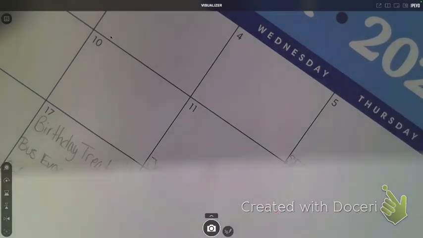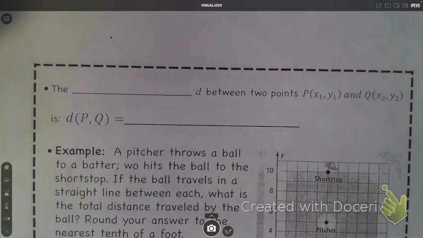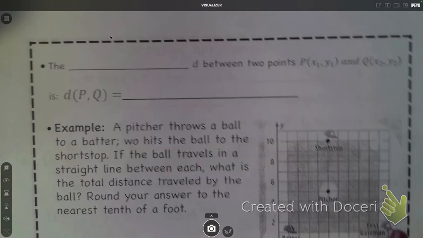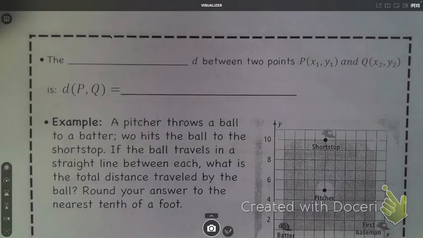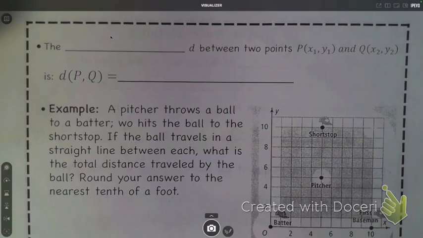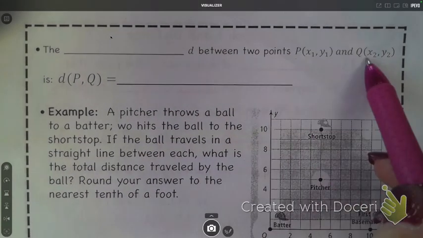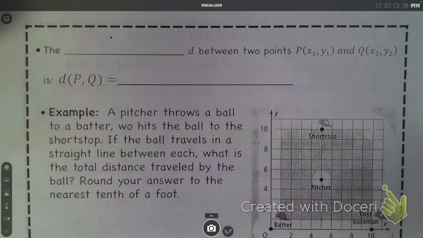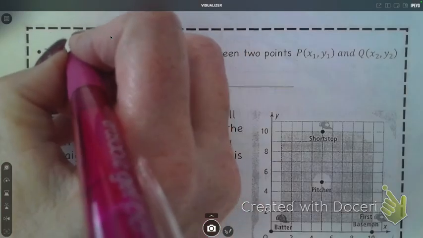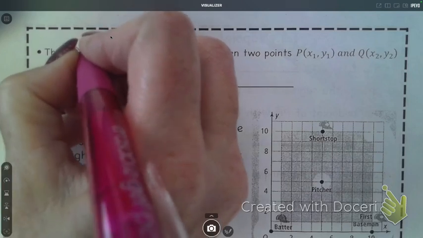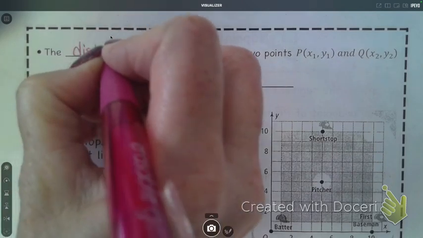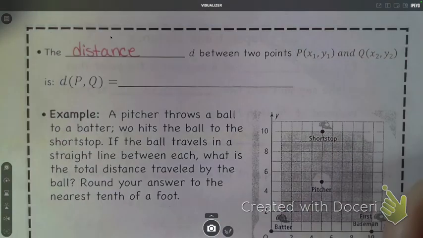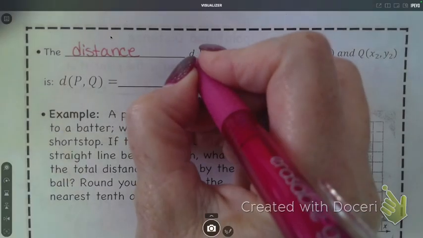Turn it over. Okay. It says the blank distance between 2 points P and Q is, okay, this is the distance D. D is the abbreviation.